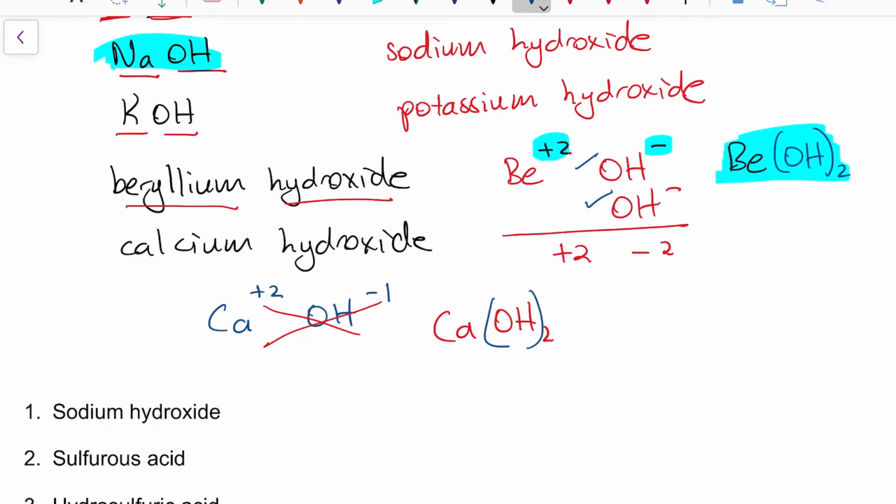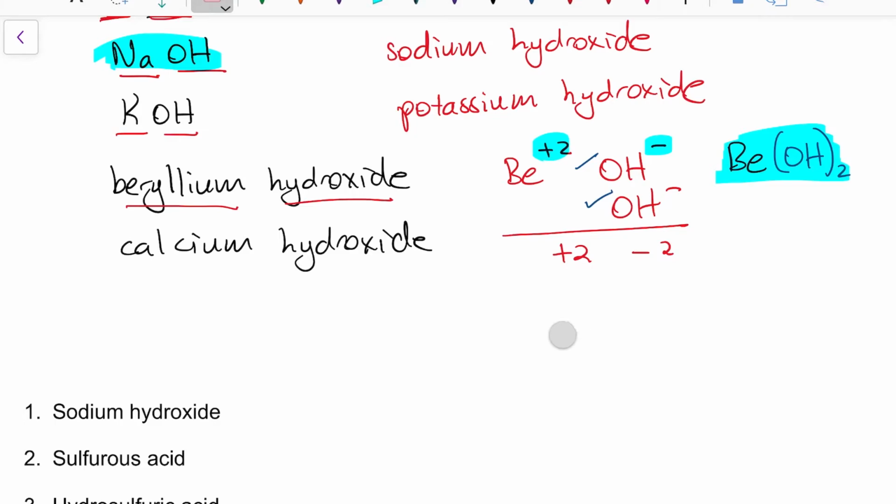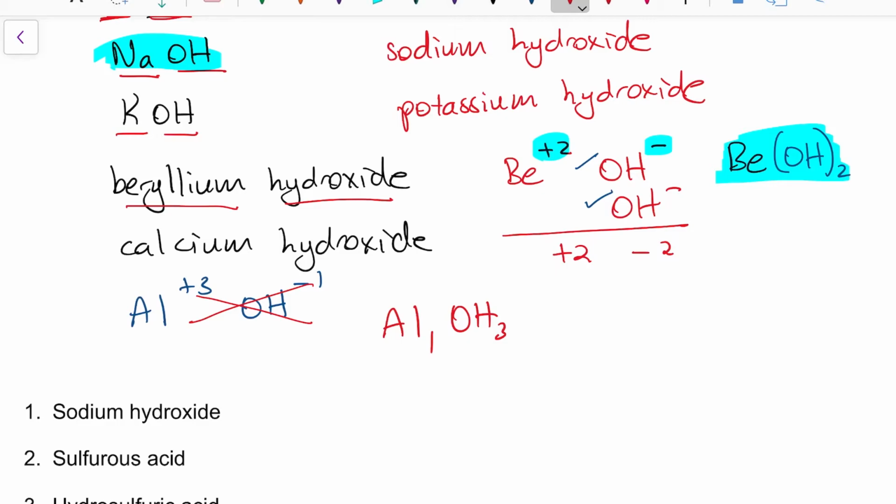Let's try one more. What about aluminum hydroxide? Well, aluminum is in group 13, so it has a +3 charge. Hydroxide is OH negative. Let's play the switch game again. 1 there and a 3 there, so it's going to be Al1 OH3.